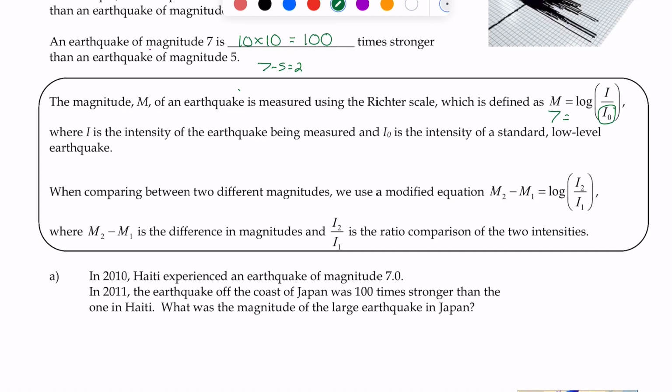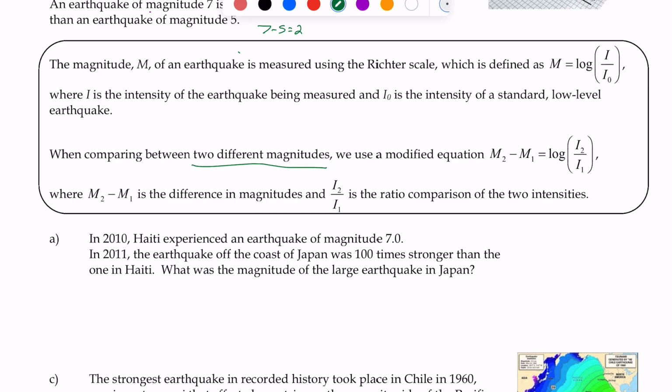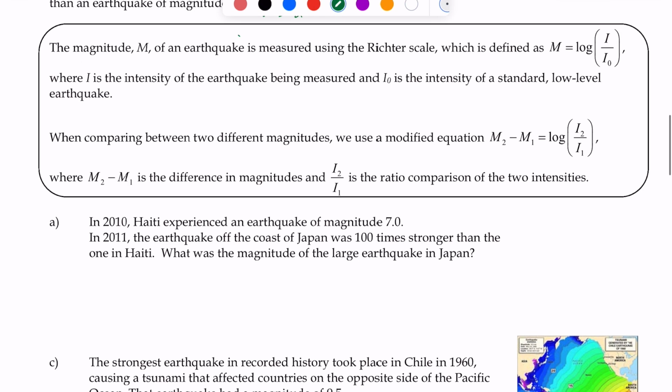There needs to be something we make it relative to. Don't worry so much about that, okay? I'm mostly going to be asking you questions like this. And this one is comparing two different magnitudes. So it's just a modified version of this equation right here.